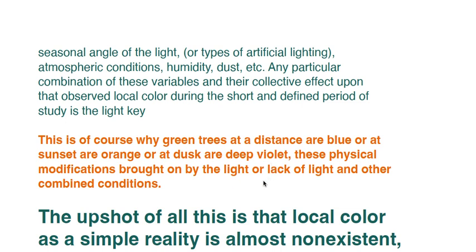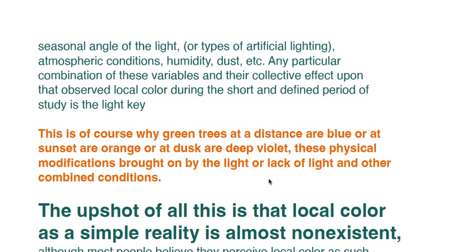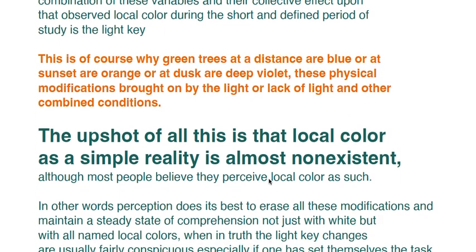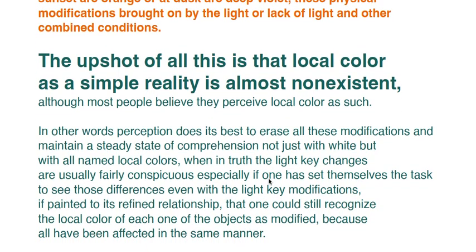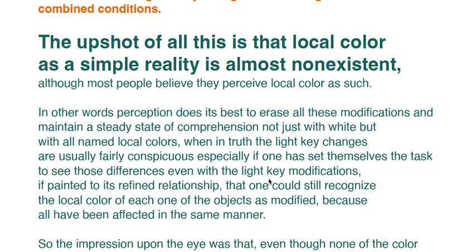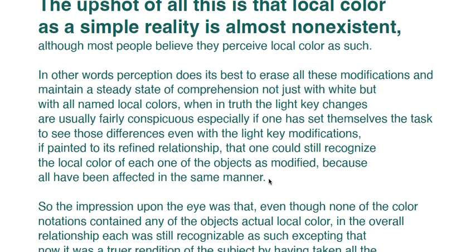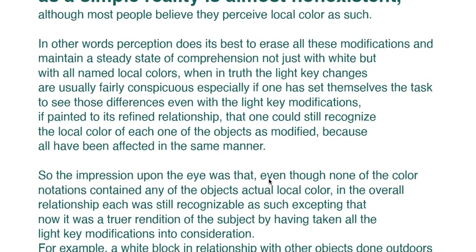These physical modifications brought on by the light or lack of light and other combined conditions are what it is that we're looking to see and paint. And actually, the upshot of all of this is that local color as a simple reality is almost non-existent. We want to train our eye to be able to make comparisons.